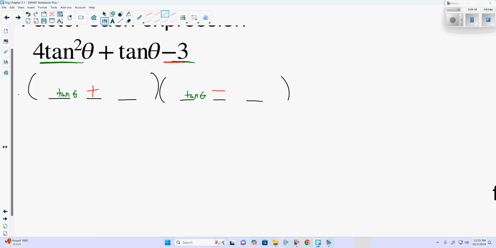tangent of theta. We have to have one in each. We've got tangent of theta, tangent of theta.